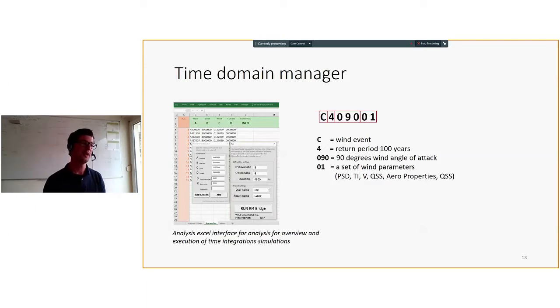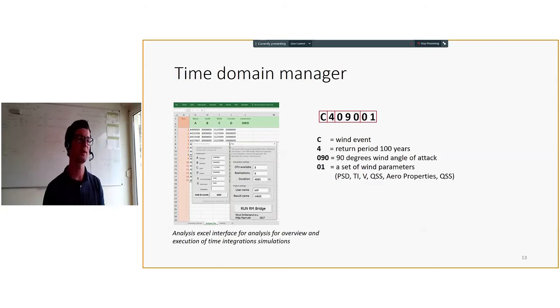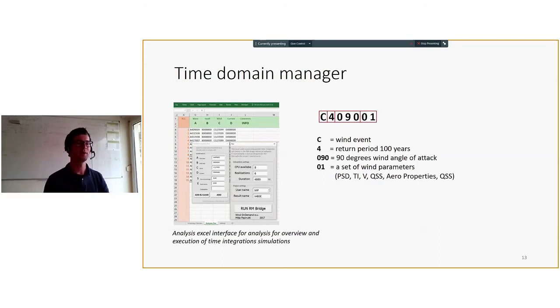This was really helpful because we could simply input in Excel different combinations we want, and we will run them in parallel in the background on our computer or on a server, etc. And it has a very clear hierarchy for how the data is then stored.